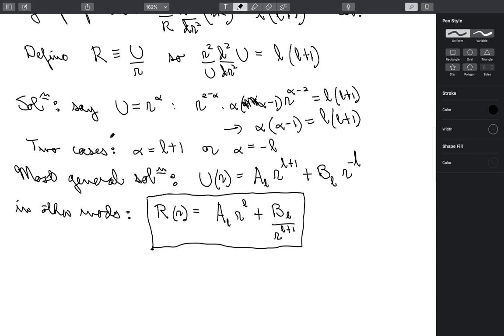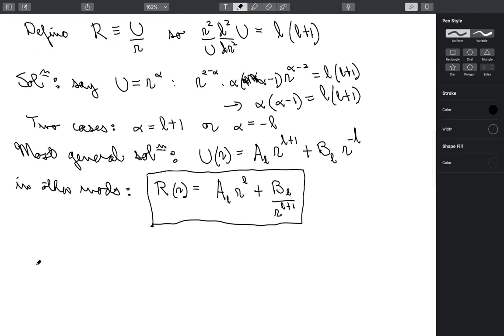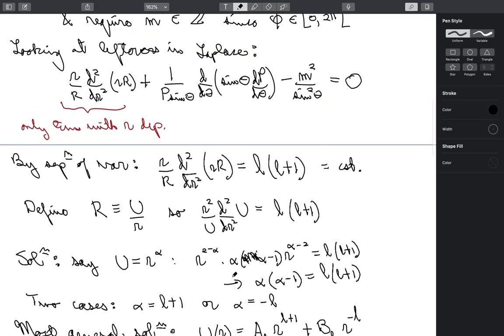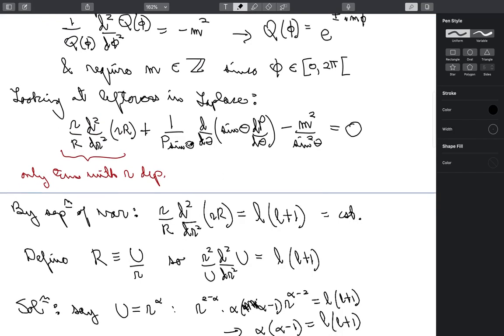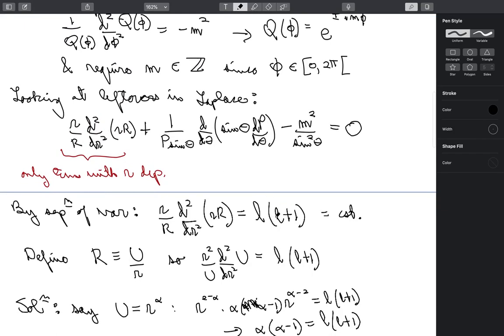So let's go back to the angular equation. Okay, angular part, I mean the theta dependence. So what did we have? We just had this thing here. You see, by separation of variables, I've put this equal to L times L plus 1. So now the equation for P is this thing here plus L times L plus 1 must equal 0.